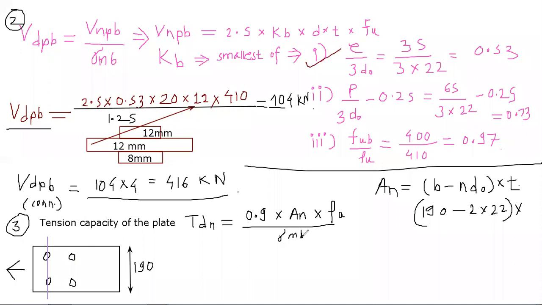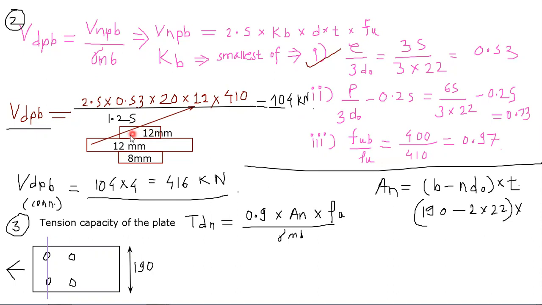So for chain bolting, as per IS code, there are 3 to 4 conditions to find the thickness. If you are having the double cover plate, then the thickness will be the smallest among T1 and T2. If T1 is smallest, here you can see I have this marking here.